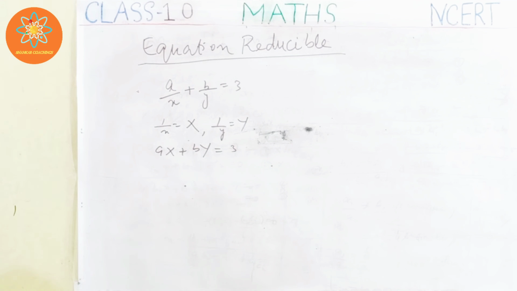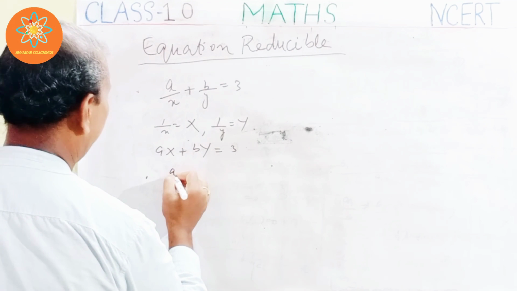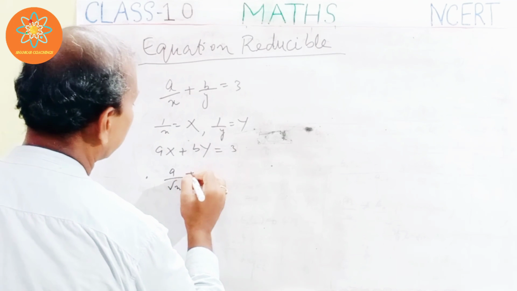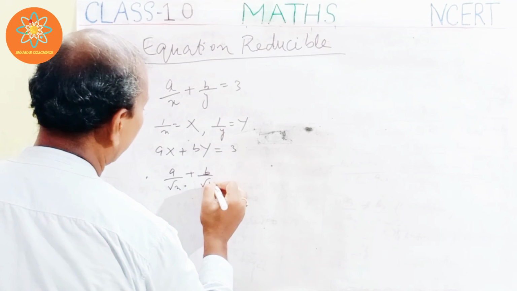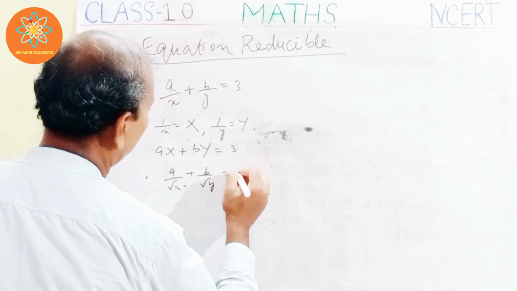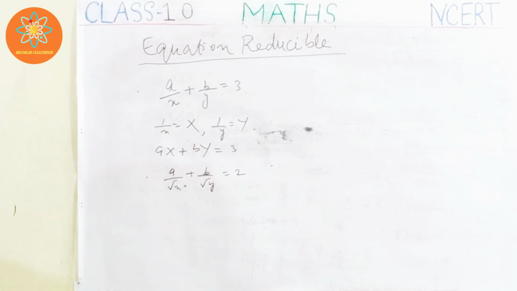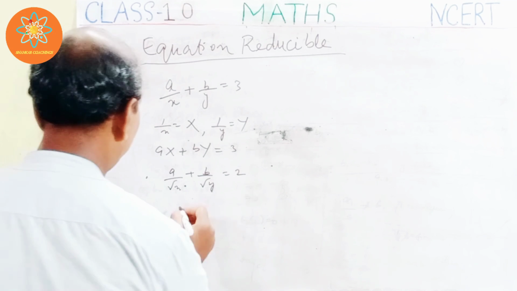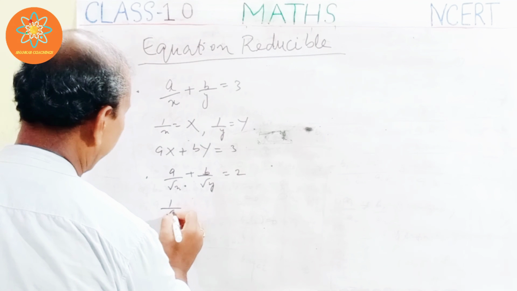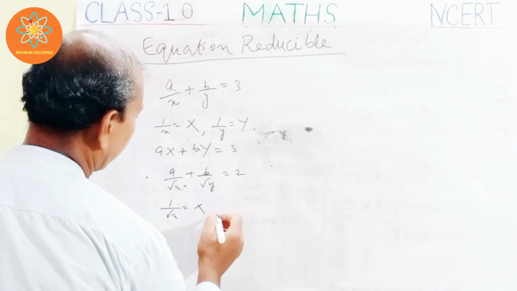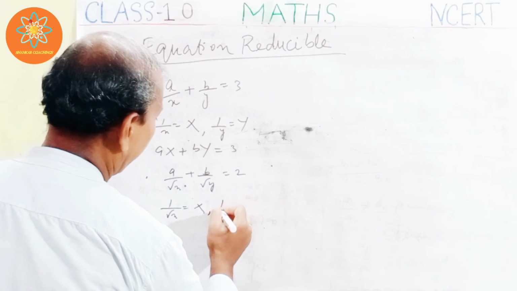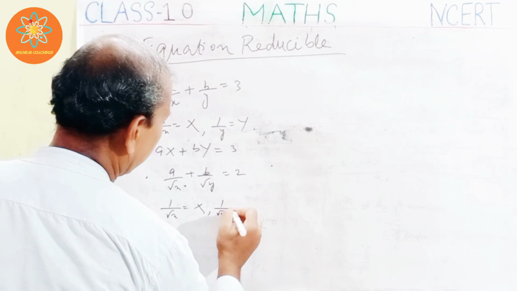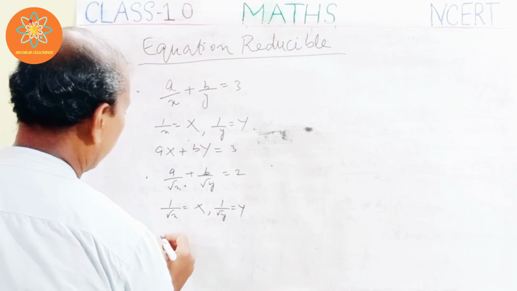Okay. Now let's suppose another one. Let's suppose a by root x plus b by root y is equal to 3, or let's suppose 2. So in this case also x and y are in the denominator. So how to reduce it? For reducing, I will assume 1 by root x is equal to X, and 1 by root y is equal to Y. I will put the value here.